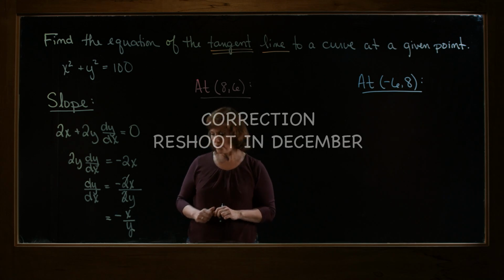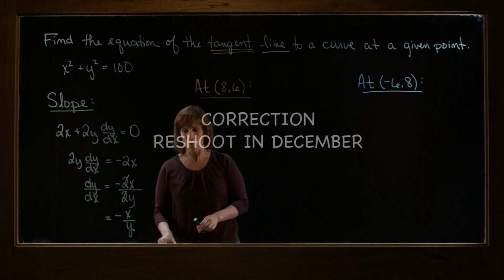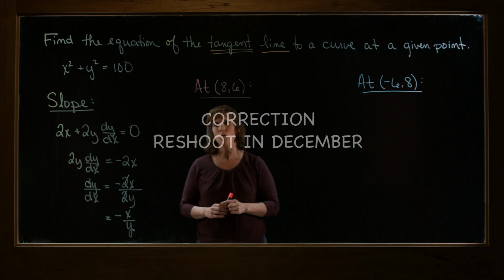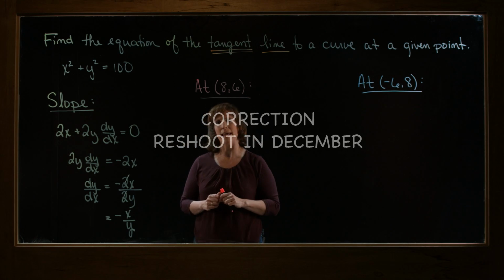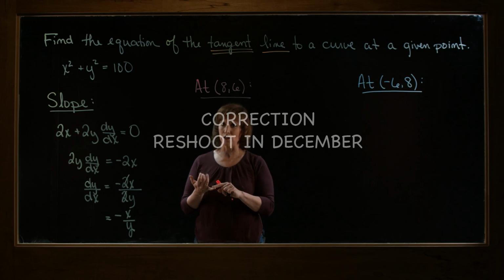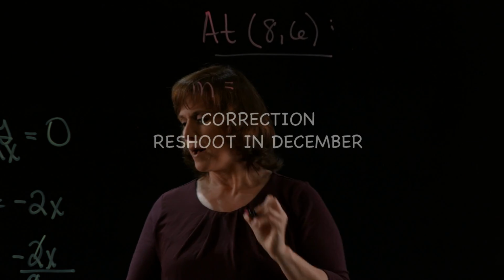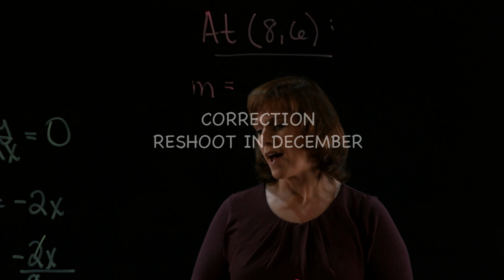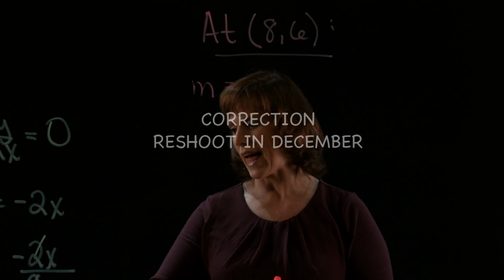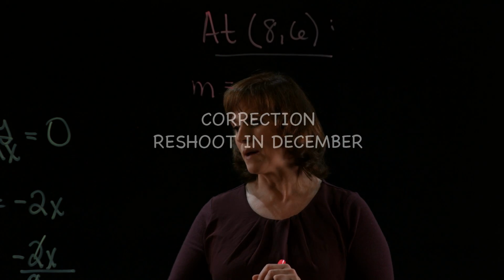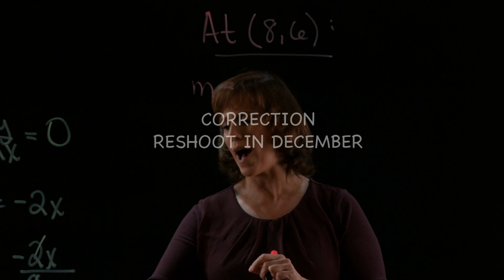All right, now let's move on to the first point. I want to find out what the equation of the tangent line is at the point (8, 6). So again, I need the slope and the point. So I can calculate the slope by using the information that I calculated in this last piece. So in this example, my x is an 8 and the y is a 6.